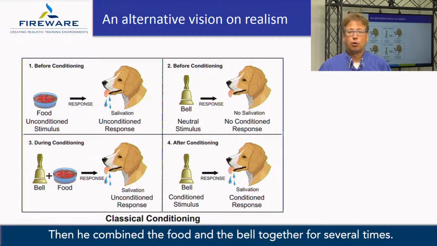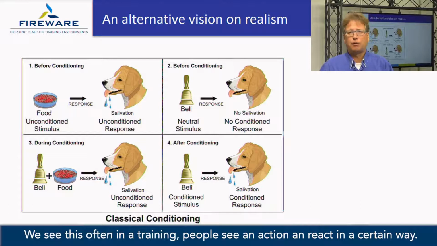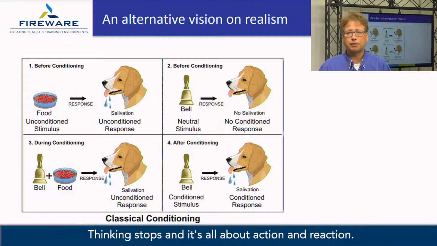But what he did was, when he gave the food to the dog and at the same moment he rang the bell, he did that several times. After a while, he just had to ring the bell and the dog started drooling. These are the things that we often see in training. People see an action and react in a specific way. Thinking stops and it's action is reaction.